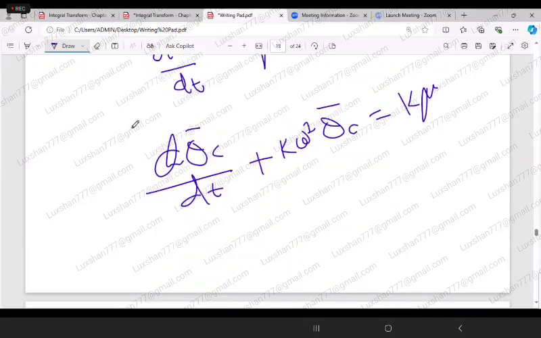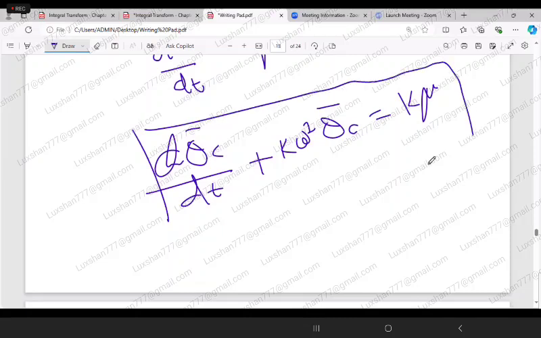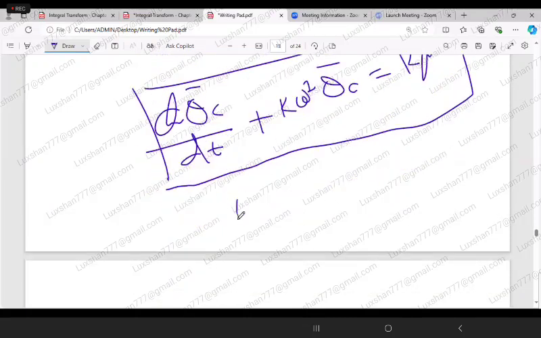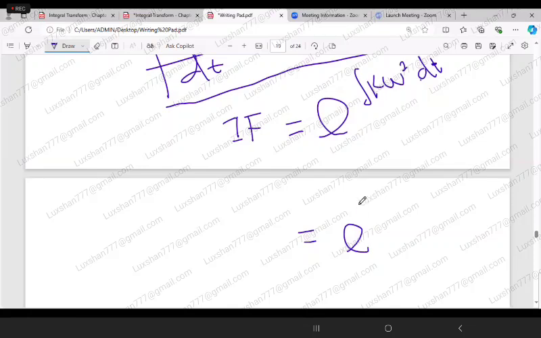So this is a first order differential equation. So the integrating factor of this one is e to the power kω² dt, because the variable of this differential equation is t. So this is equal to e to the power kω²t.